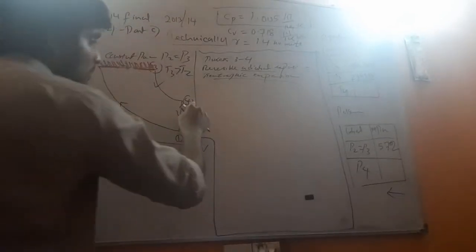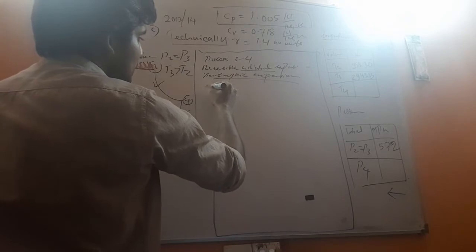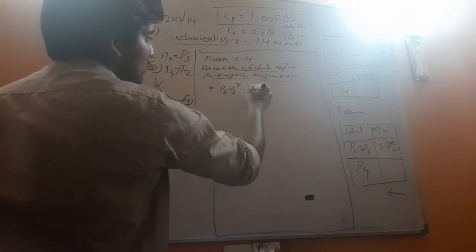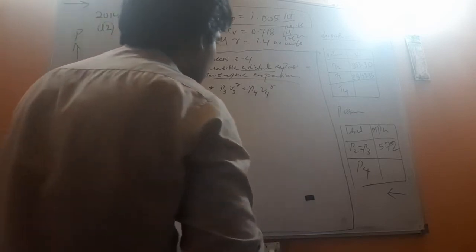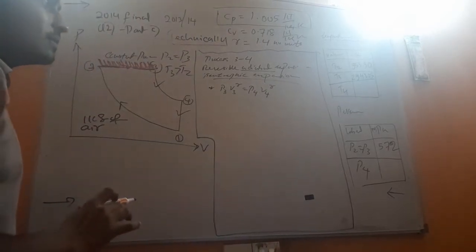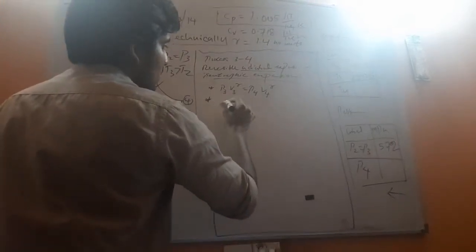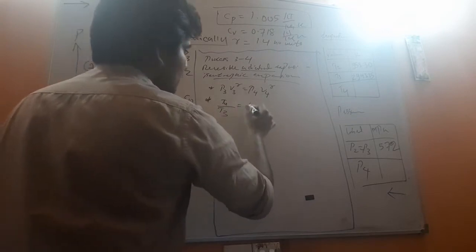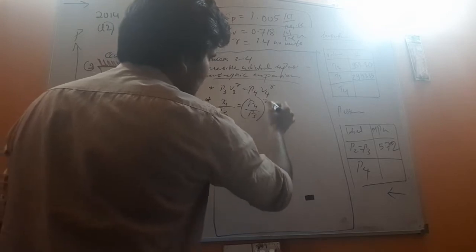From 3 to 4, what is that? You can say P3 V3 to the power gamma equals P4 V4 to the power gamma. Or else you can use T4 over T3 equals P4 over P3 to the power gamma minus 1 over gamma.